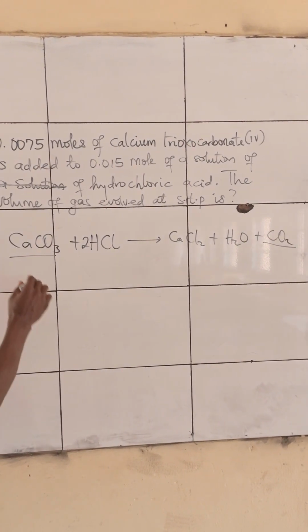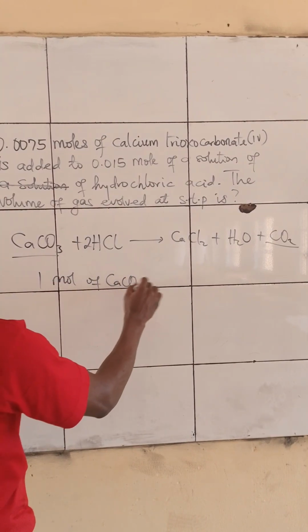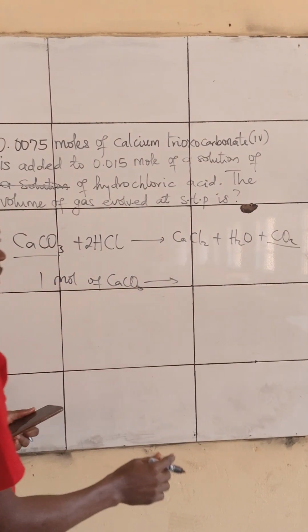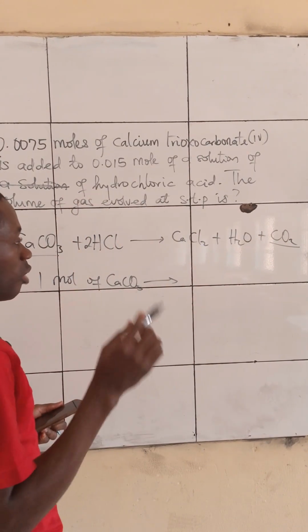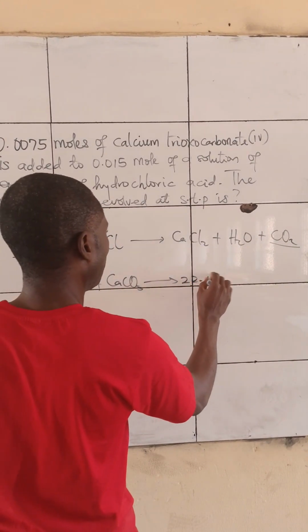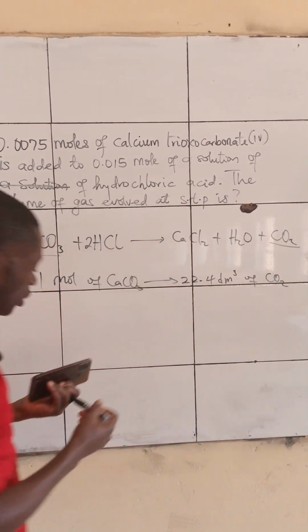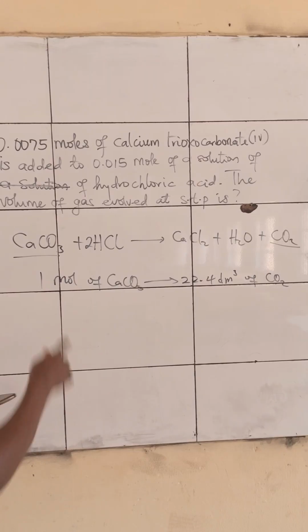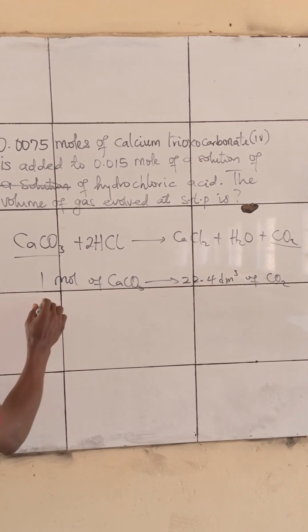You discover that 1 mole of calcium carbonate evolves 1 mole of CO2. And of course, you know that 1 molar volume of a gas is always 22.4 dm cube. So 1 mole of calcium carbonate gives 22.4 dm cube of CO2. That's the expression of the equation.